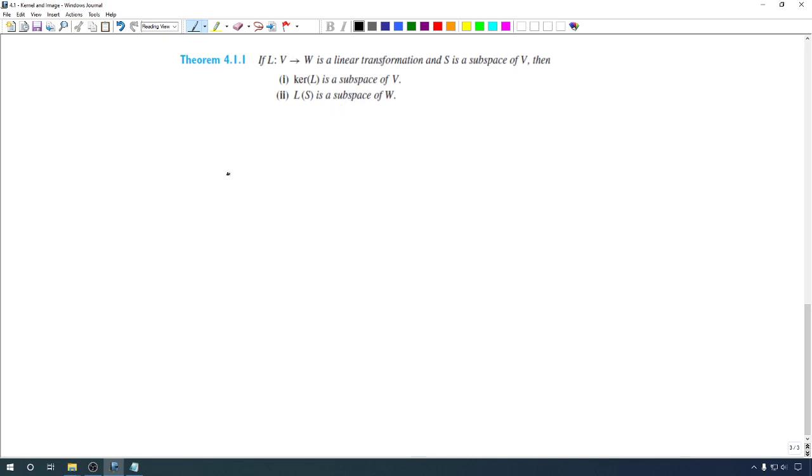So here we have our L going from V to W. The kernel is a subspace of V. The image of any subspace, so if we take any subspace S of V, the image of that subspace is always a subspace of W.